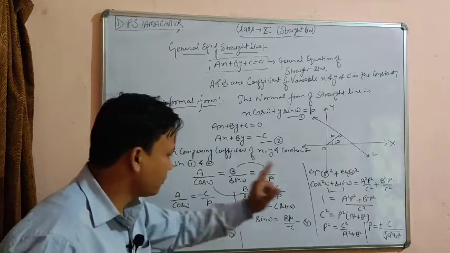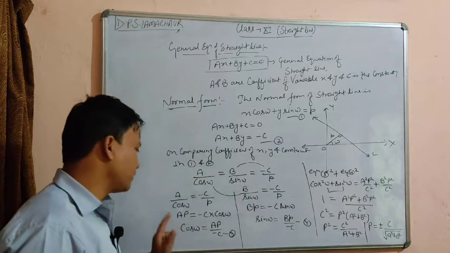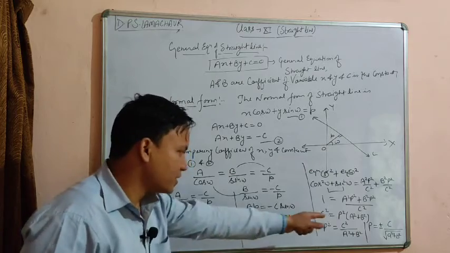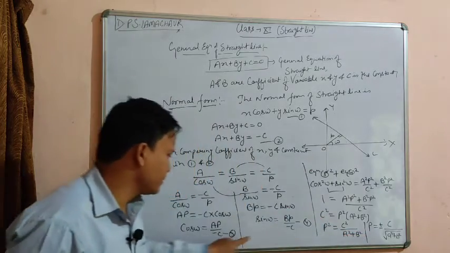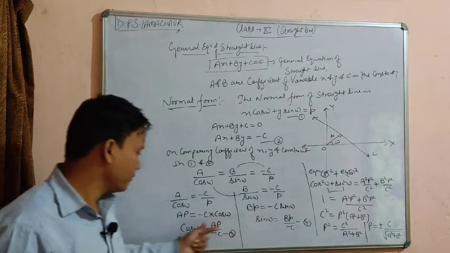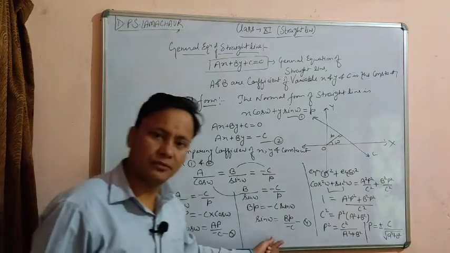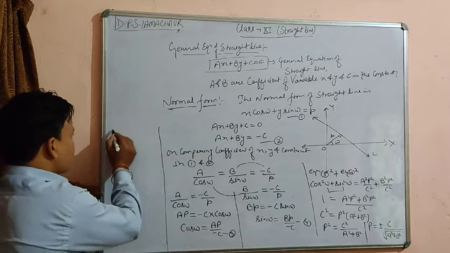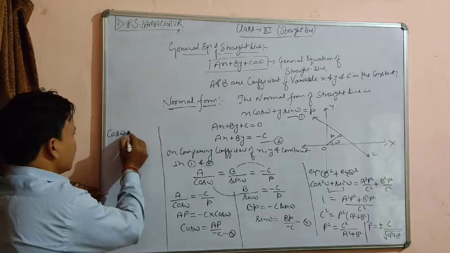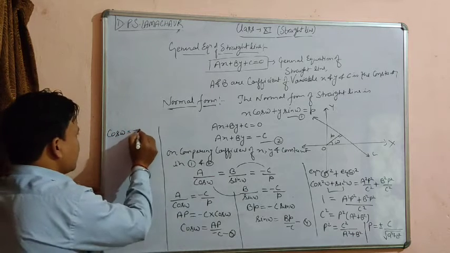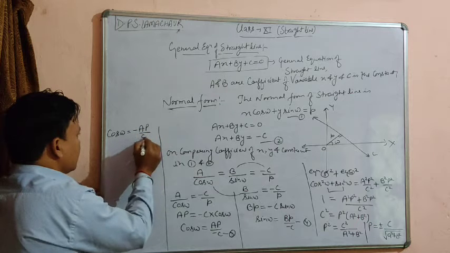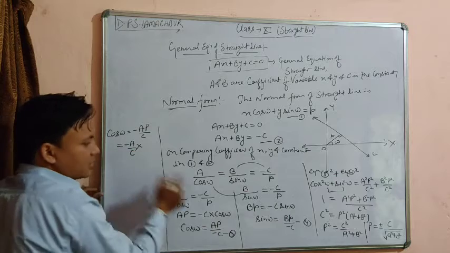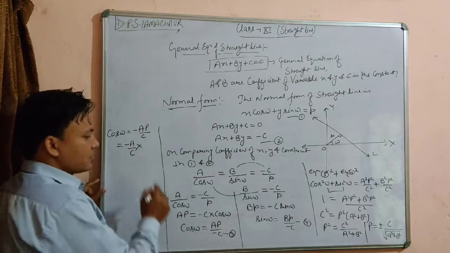Now from there we can also get the values of cos omega and sin omega. On substituting the value of p in equations 3 and 4, we get the value of cos omega and the value of sin omega. Since cos omega equal to minus ap upon c, now substitute the value of p: minus a upon c into c upon root a square plus b square.